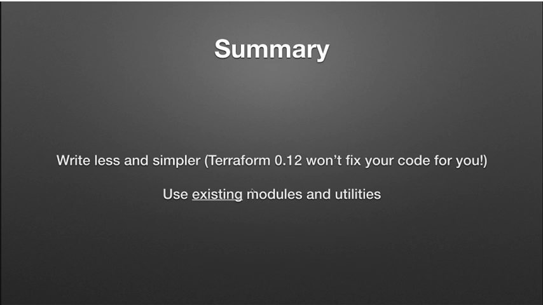I've heard this feedback from people who think that 0.12 is what they need. So no, it will not fix your code. If you think that Terraform 0.12 has all of these features which you will be needing quite soon, in fact, no, you don't need any of these features right now, and you will not need them.